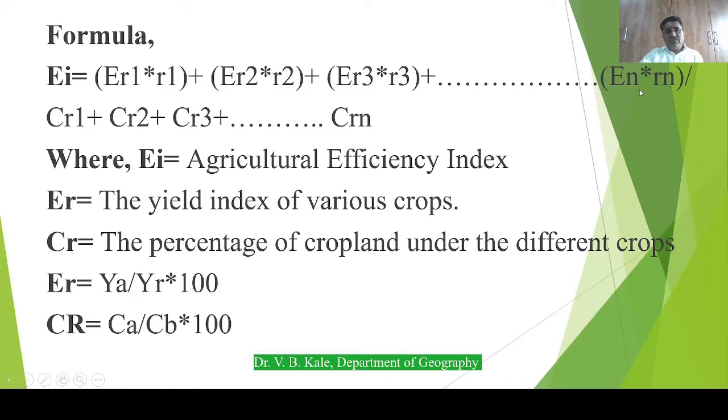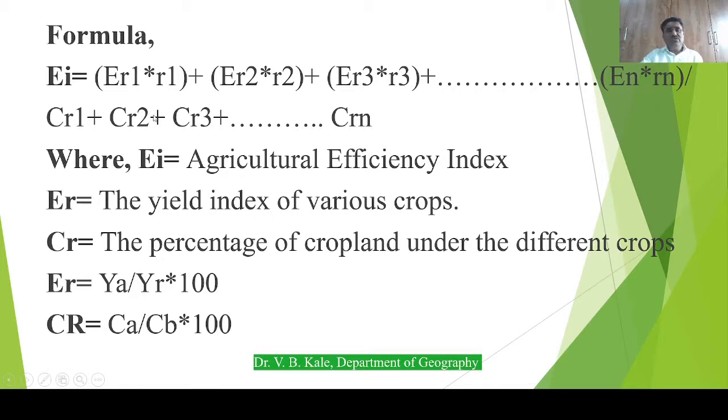So ERn into Rn, divided by CR1 plus CR2 plus CR3 plus CRn. CRn is n number of crops.